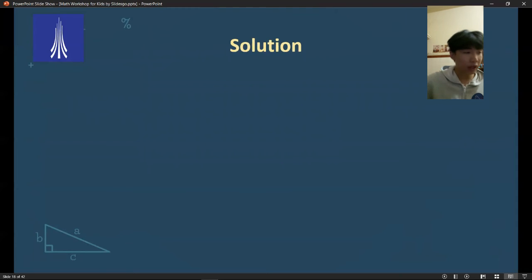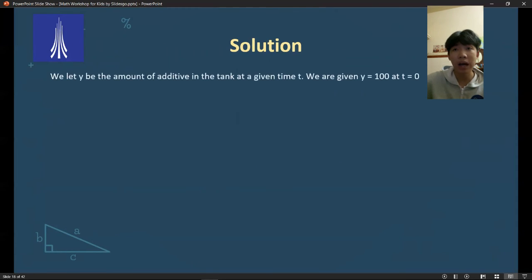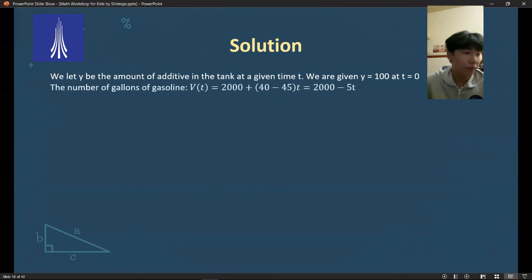So let's look at the solution of it. We'll let y be the amount of the additive in the tank at the given time t. So we are given y of t is equal to 100 at t equal to 0. The number of gallons of gasoline can be written as V of t is equal to 2,000 plus 40 minus 45 times t, which is 2,000 minus 5t.